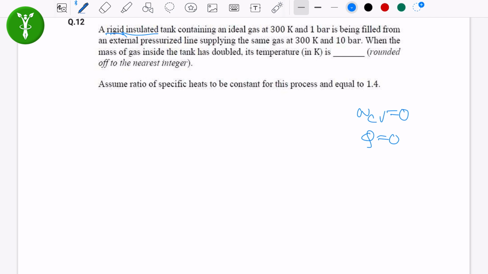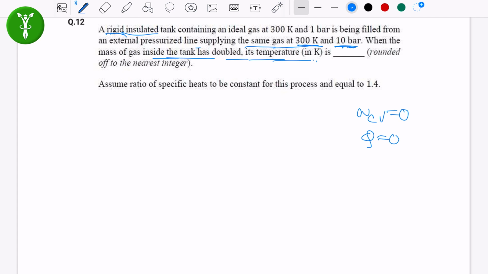Now, containing ideal gas, we can use H equal to CP dT or the ideal gas equation. At 1 bar, it is being filled from an external pressurized line supplying the same gas at the same temperature but different pressure. When the valve is opened, due to this pressure differential that gas will be filled in the tank. When the mass of the gas inside the tank has doubled, what is its temperature?